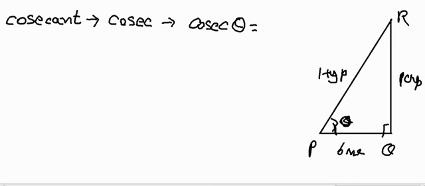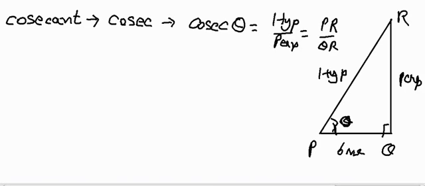So here it will just be the opposite, that is hypotenuse by perpendicular. In this figure, hypotenuse is PR and perpendicular is QR. So cosec theta is hypotenuse by perpendicular.